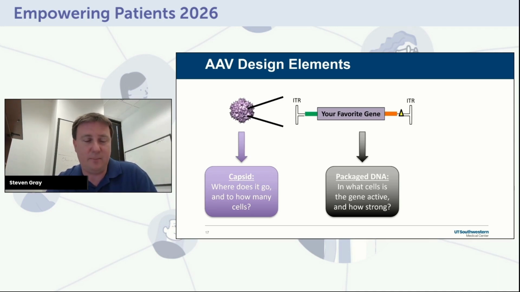So if your capsid doesn't get to a certain cell population, then it doesn't matter what the DNA is. It's not going to express in those cells. And likewise, you might have a capsid that delivers the gene all over the place to a lot of different organs, and then the DNA design dictates that it's only expressed in the muscle or only expressed in the liver, even though the virus capsid takes it all over the place.